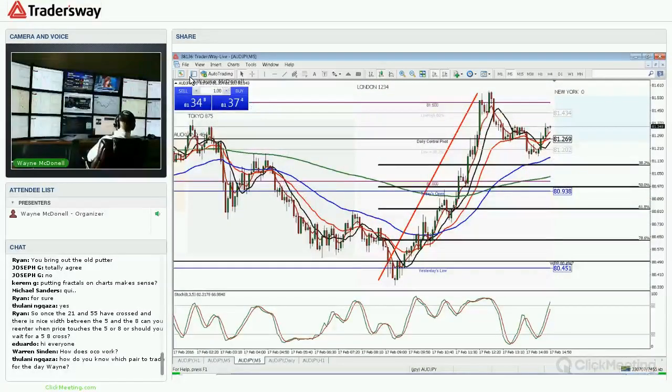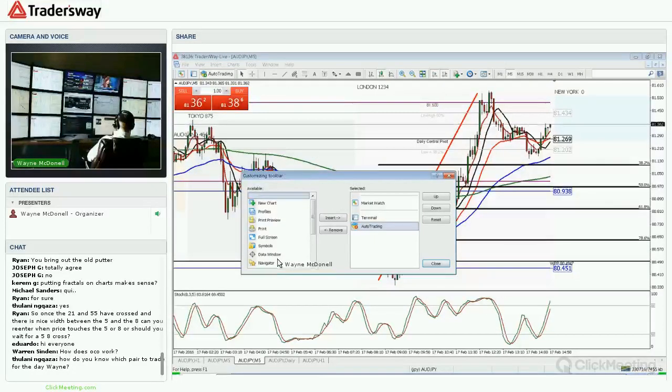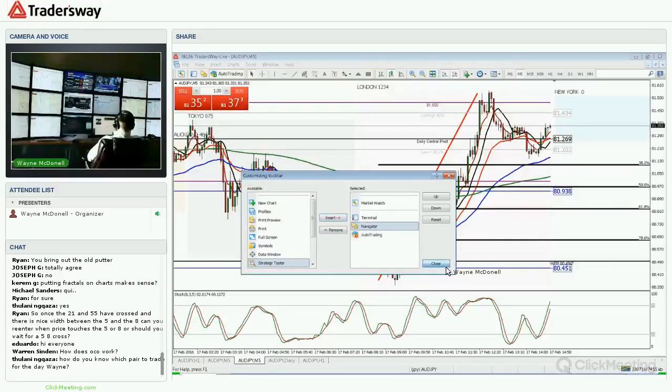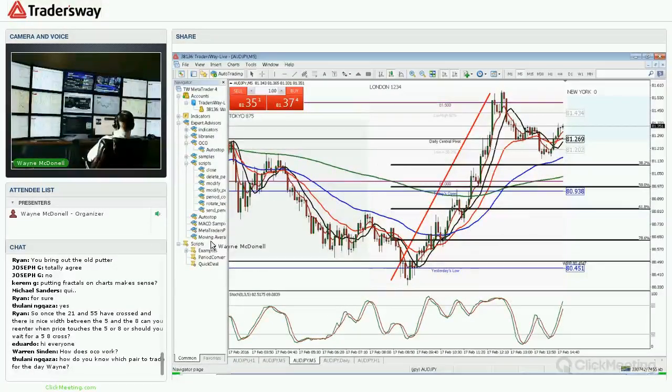So how does an OCO work? I use an EA called Auto Stop. If you Google Auto Stop EA, you're going to find like 1,000 of them.